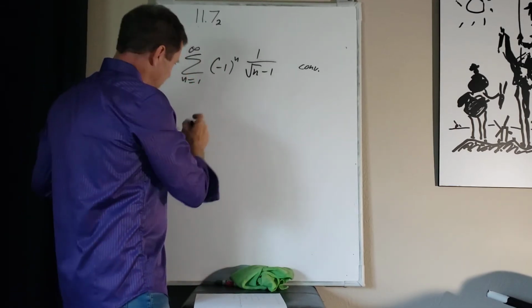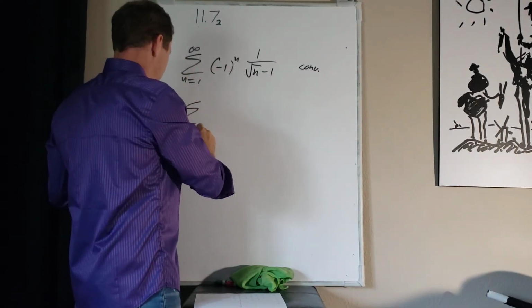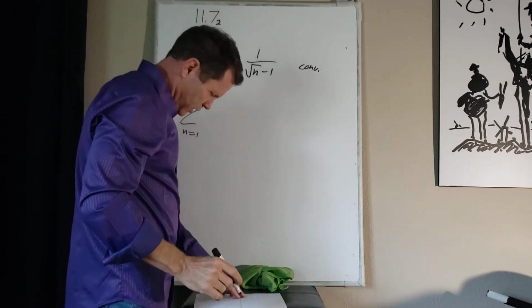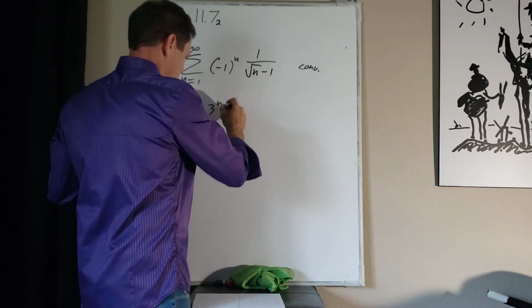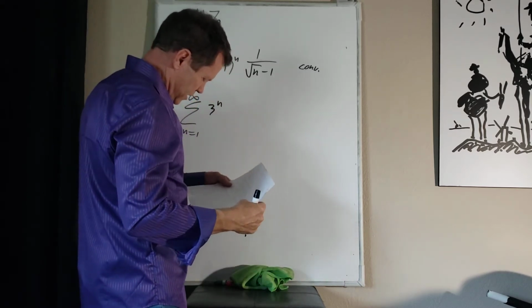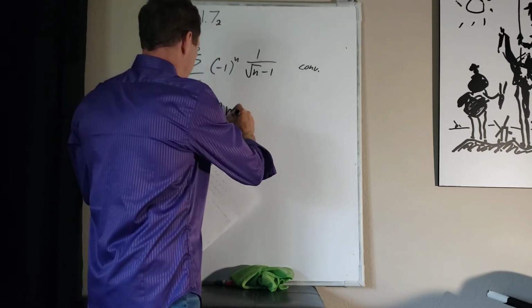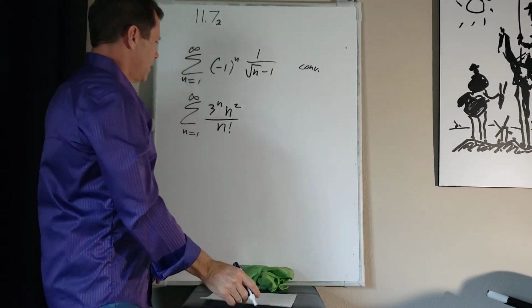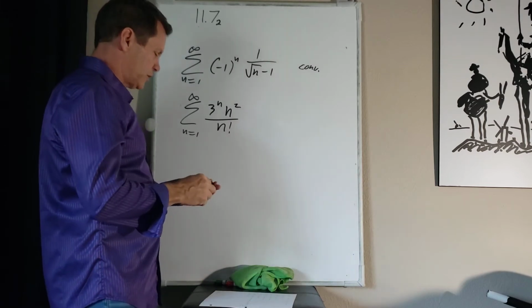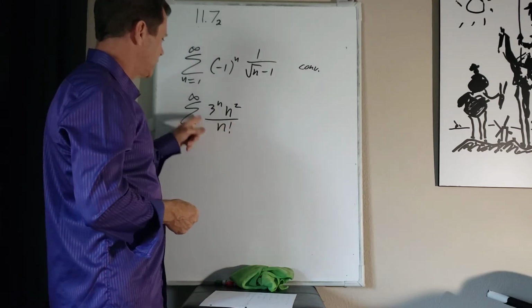Then I've got the summation n equals 1 to infinity of 3n, and then n squared over n factorial. Now, you might look at this and not be positive that the insides even go to 0.